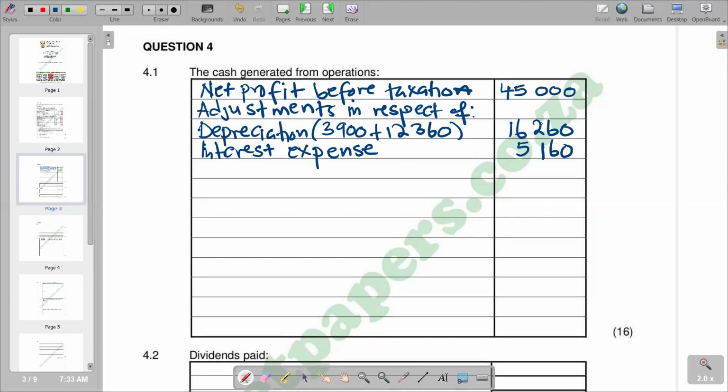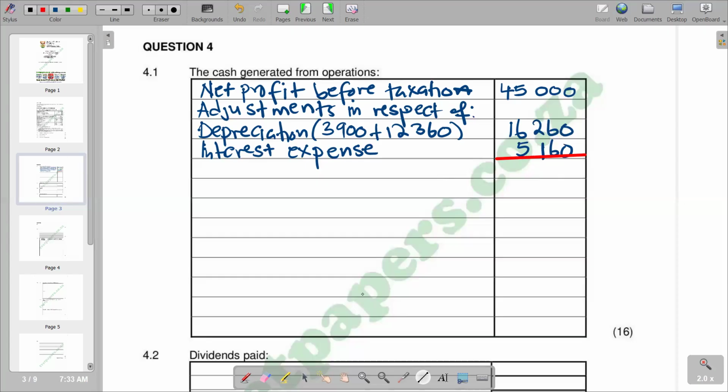Then from there, we are also supposed to calculate so that we get the operating profit before changes in working capital. So in other words, we are now adding there to get our net figure before changes in working capital.